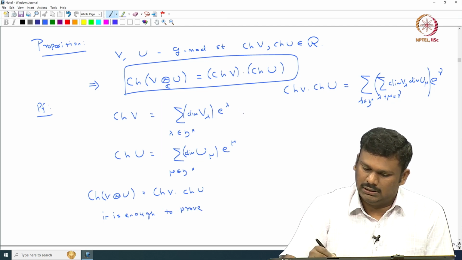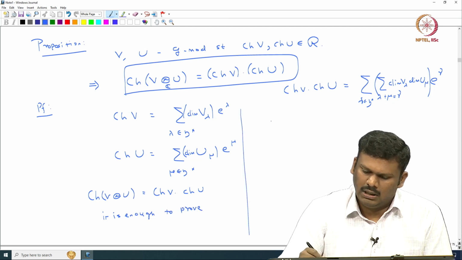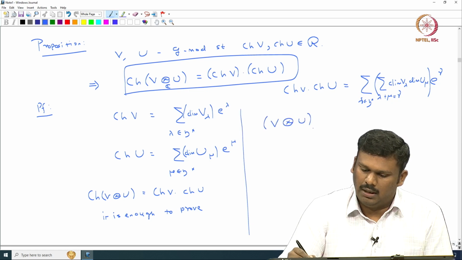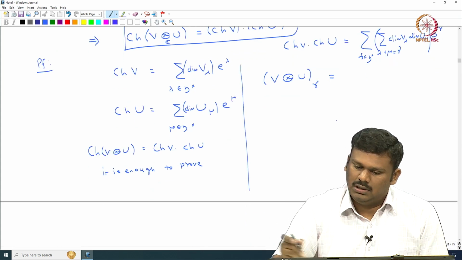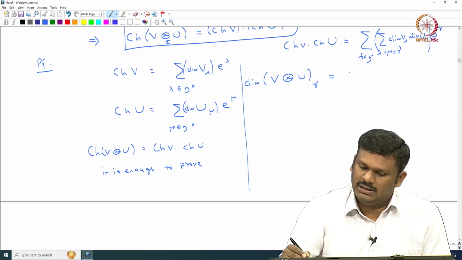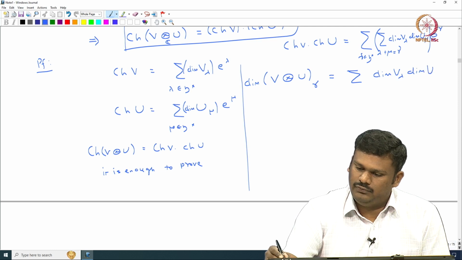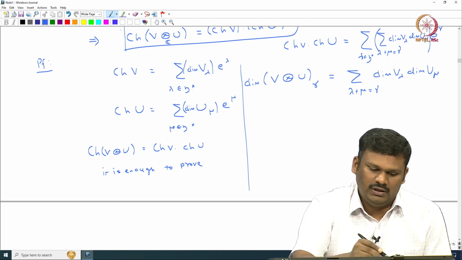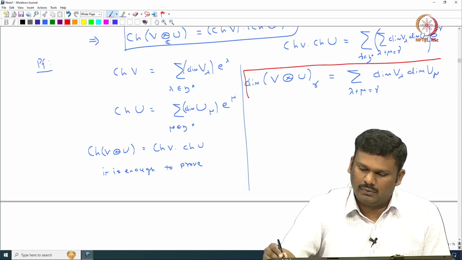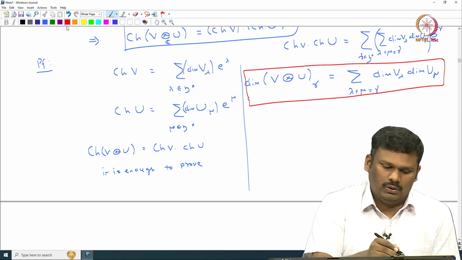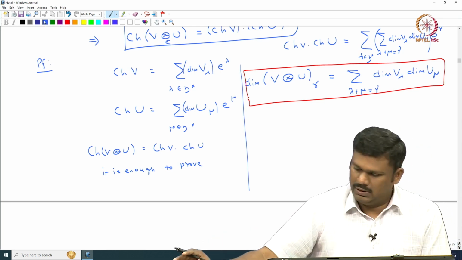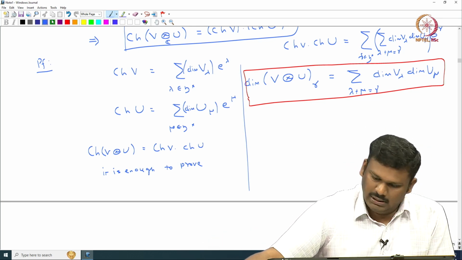Look at the gamma weight space of V tensor U. Then you need to prove that the dimension of this is the same as the summation of dimension V_lambda times dimension U_mu, where lambda plus mu equals gamma. So, this is what we need to prove. And this again will follow from the following direct sum. So, let us actually write it.